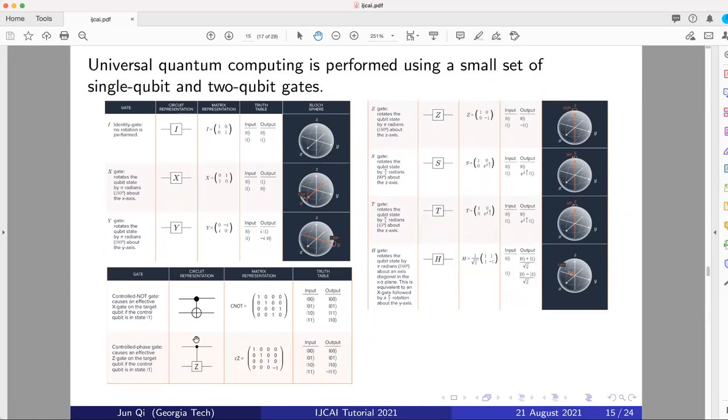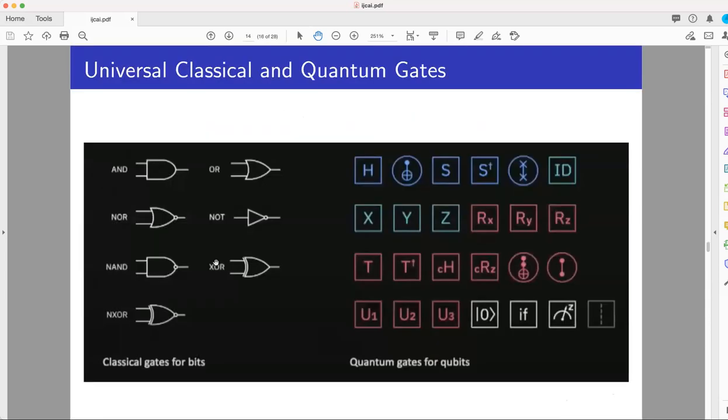If you have a 2 qubit gate based on the CNOT gate, we can select some 3 or 4 basic 1 qubit gates and build up a universal set. And we use only 5 or 6 basic 2 qubit gates and 1 qubit gates. We can realize any complicated target functions. So these are the basic concepts of the universal quantum gates.